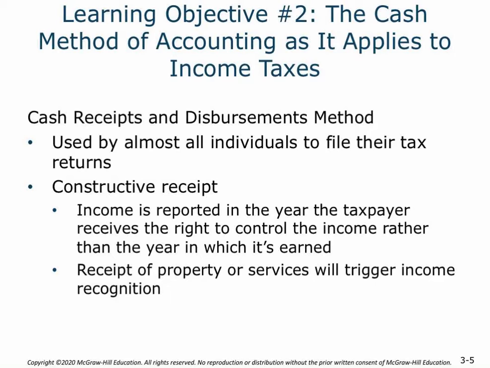So the tax year that January was in, not the year in which the services actually were performed for the summer and fall. And this would include a constructive receipt.